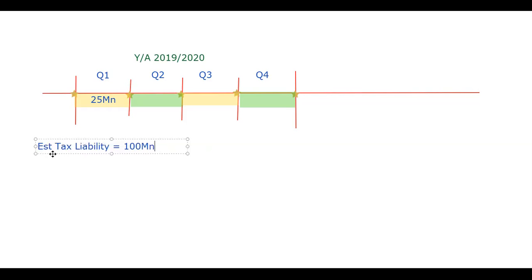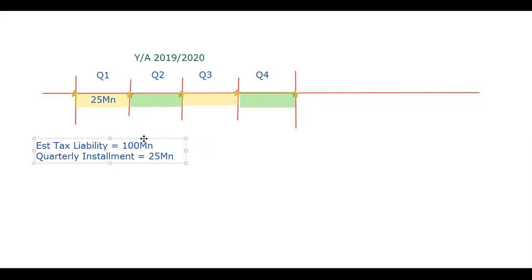Then quarterly installment, quarterly installment is 25 million, right? 25 million each, because 100 divided by 4, right?